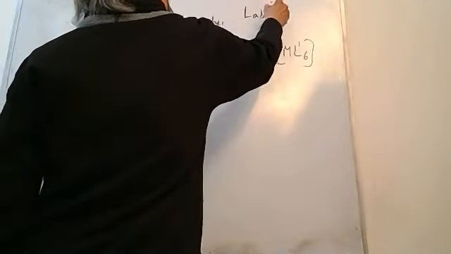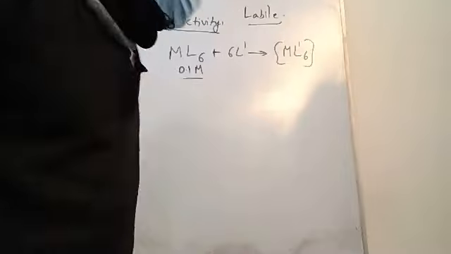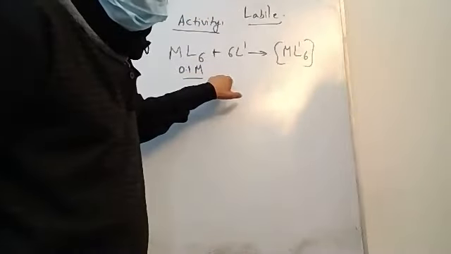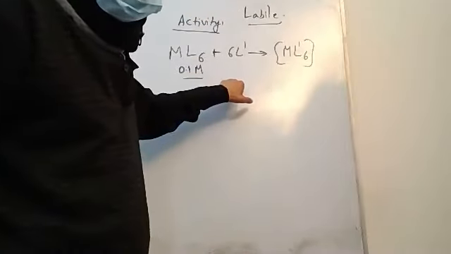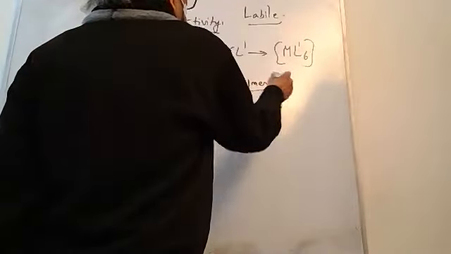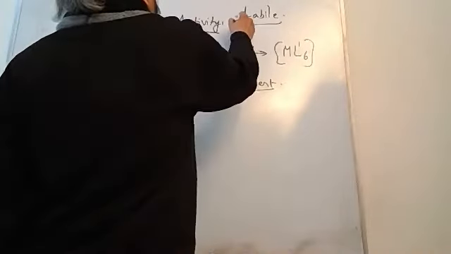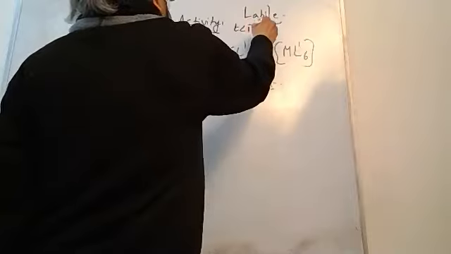Labile means active. On the other hand, if this complex takes more than 1 minute to exchange all its ligands, then we call this inert. So t greater than 1 minute is inert, t less than 1 minute is labile.